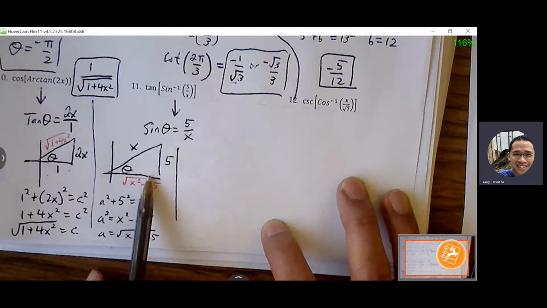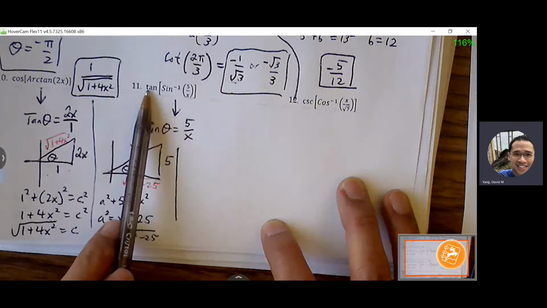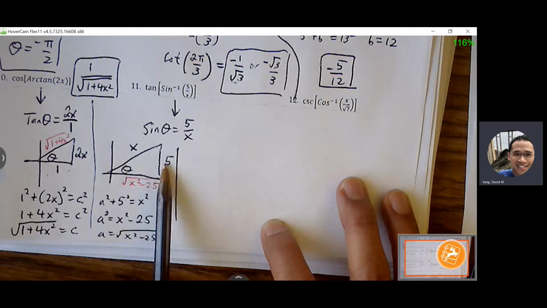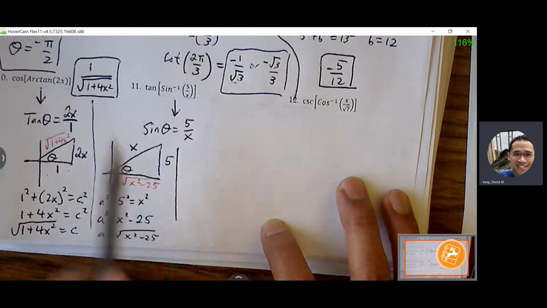Okay. Once you have your triangle figured out, then you can move on to the outer ratio. Tangent of theta is opposite over adjacent. Yeah.